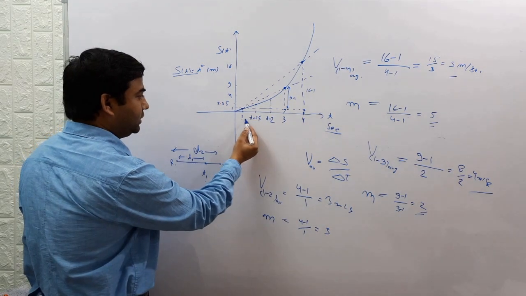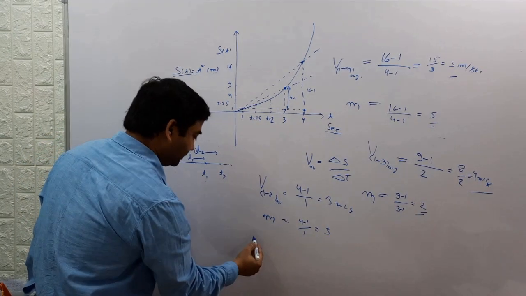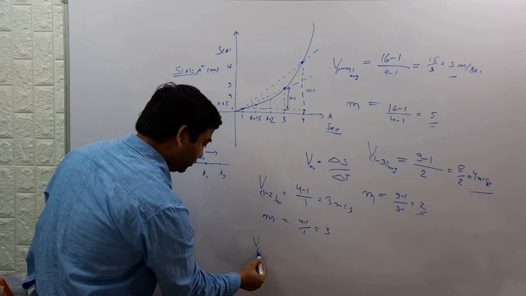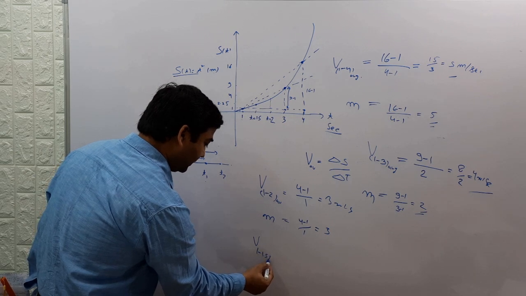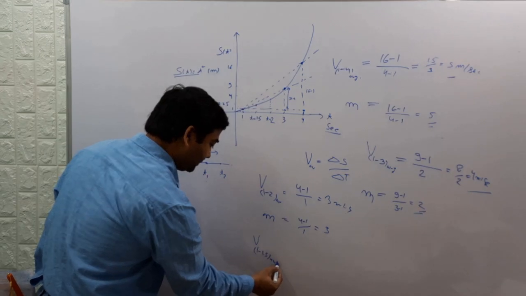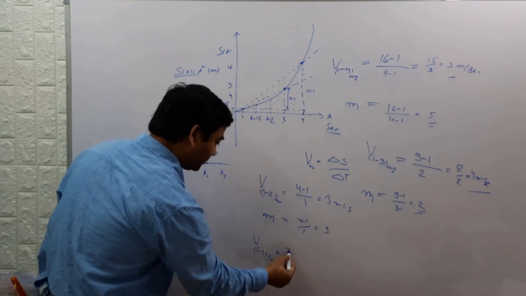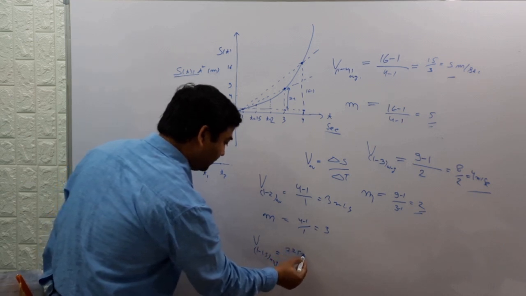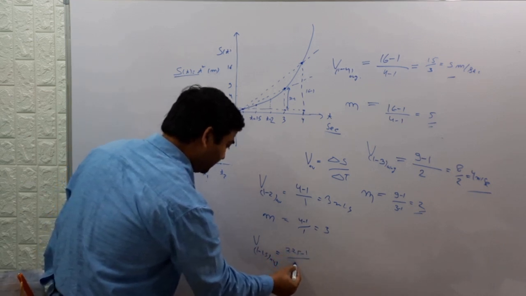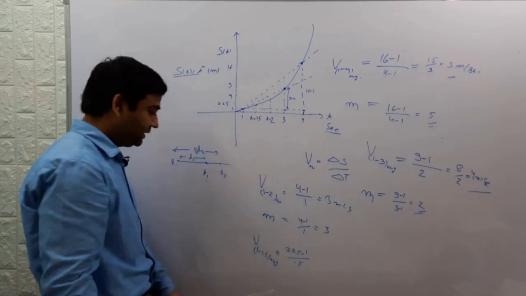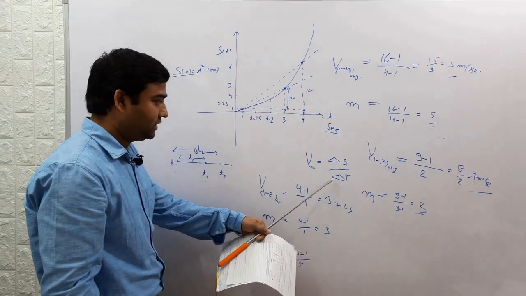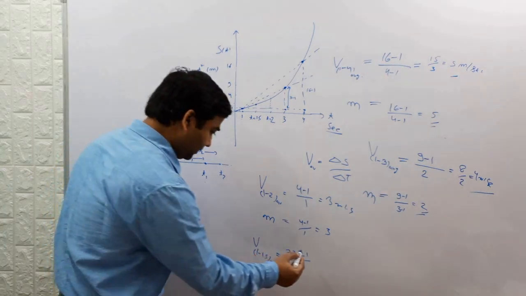Similarly, for t equal to 1 to t equal to 1.5, V average is 2.25 minus 1 divided by 0.5. Time interval is 0.5. So this is the formula we are using for average velocity.